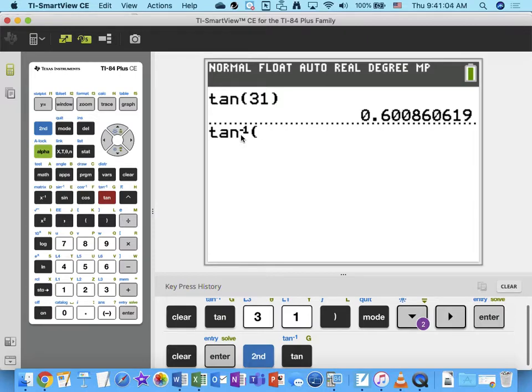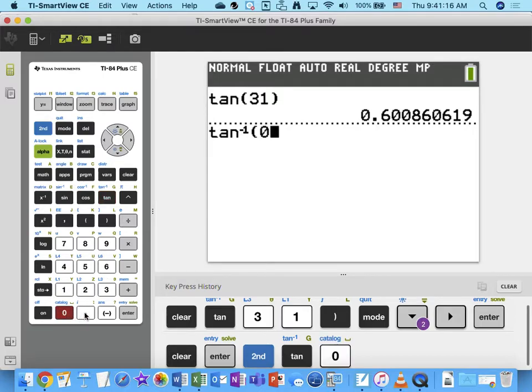And what you're going to do now is enter in the 0.6, or you could even enter in 3/5, the actual ratio of the side lengths. I'll do it both ways. 0.6, and I'll close the bracket again, and I'm going to hit enter.